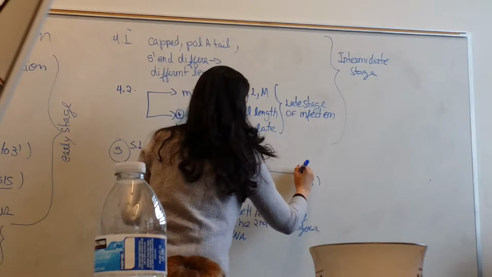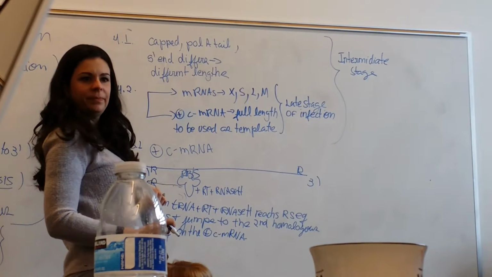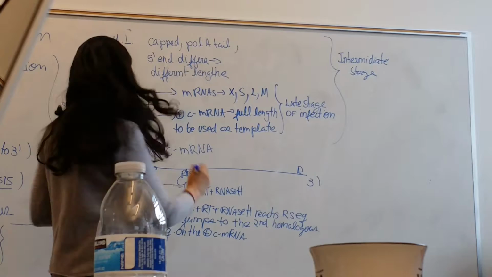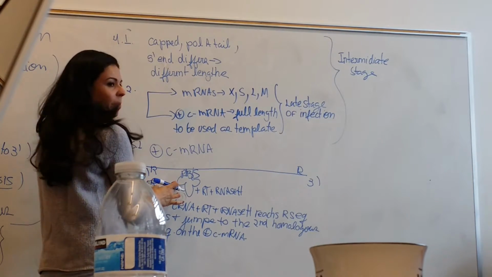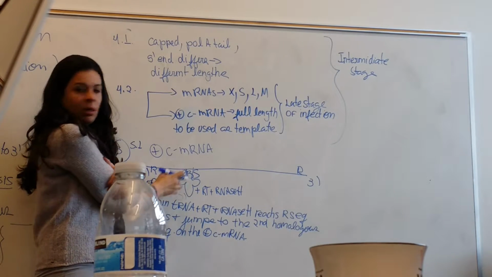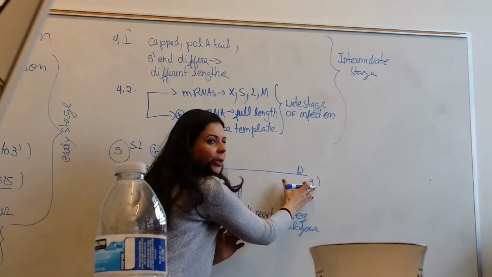So the other sequence is right here on the 3' end. So this whole thing, plus the little bit of DNA that was made, all together jumps right here.